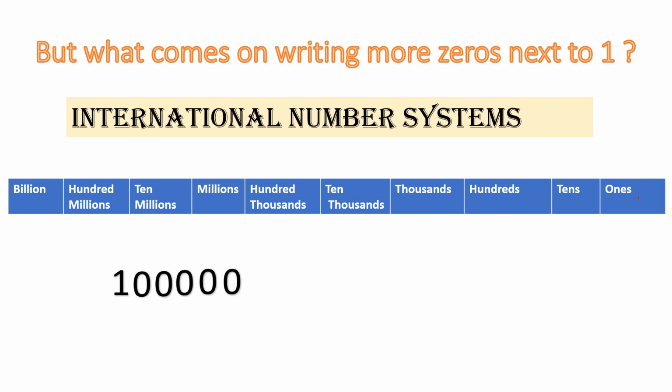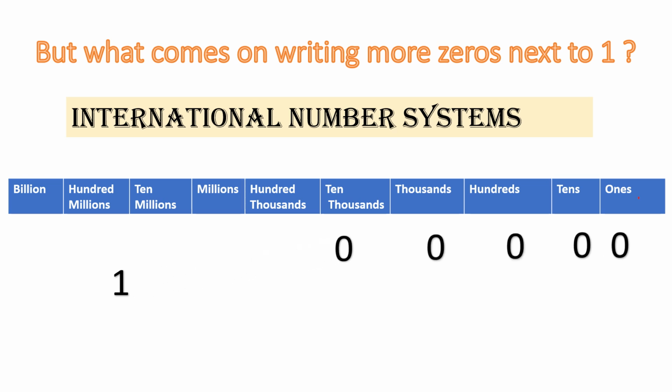So let's try to put this number. In this case, 0 will go to the ones place, the next 0 in the tens place, hundreds place, thousands place, then 10,000 place, and after that 1 will go to the 100,000s place instead of going to the lakhs place for the international number system. So the number of digits are same. We have 1 and then we have 5 zeros next to 1. But for the Indian number system, we are calling it 1 lakh.